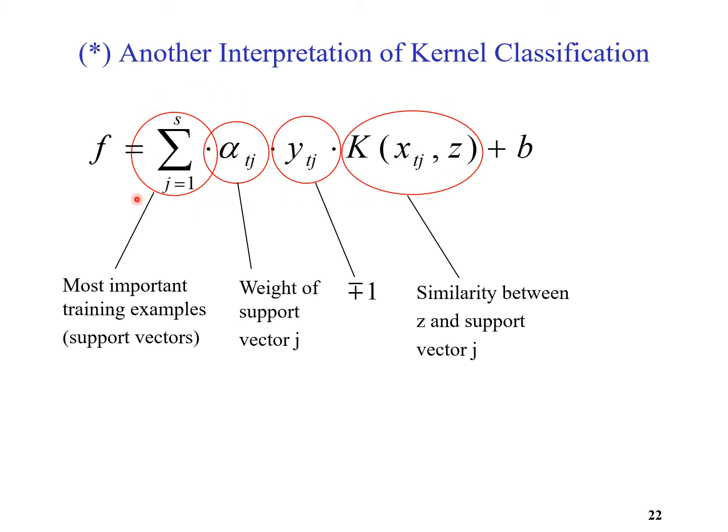That's what you do in SVM. That way, this whole thing is represented as a linear classifier. This idea comes from the previous slide. That's another way of looking at SVM.